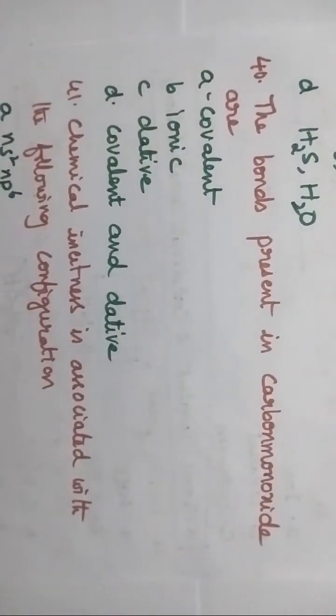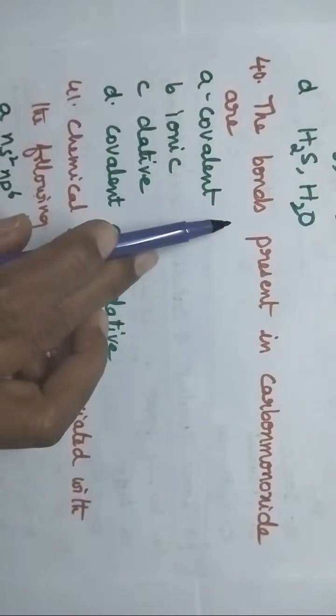Okay. Next. Coming to the next question. The bonds present in carbon monoxide are. So what type of bonds are present in carbon monoxide?